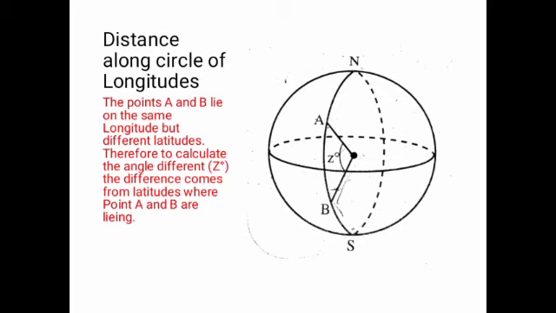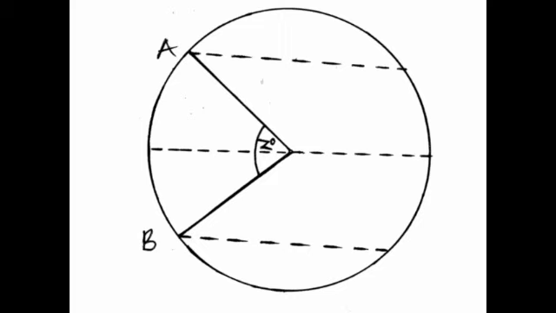At this moment, the diagram on the right might not be able to show the latitudes. It's up to you to visualize the latitudes where point A and point B are lying. Allow me to draw the circle of longitude, which is NABS, having the points A and B. Looking at the diagram we have here now is the circle of longitude where point A and B are lying with our angle, which is Z degrees.